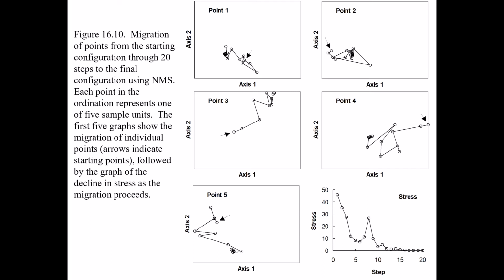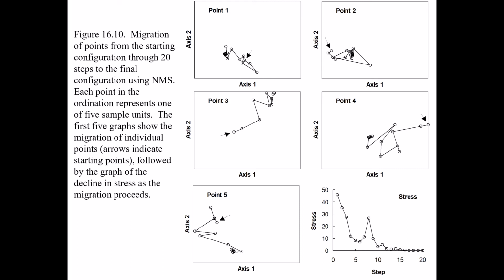So the arrow shows the starting position of each point, and then how it's migrating through axis 1 and 2. And here's how the stress changed over these iterations. The computer did 20 iterations here. So I suspect they were taking a little smaller steps than the class was. And the stress actually bumped up quite a bit at one place, but then happily it rescued itself.